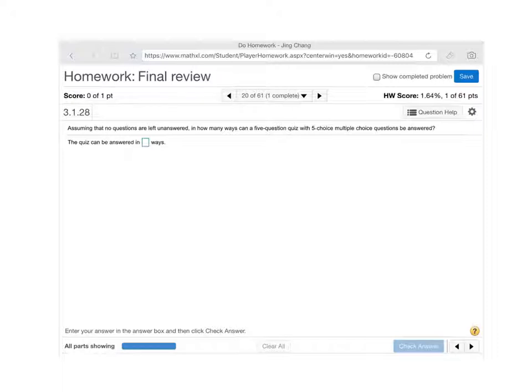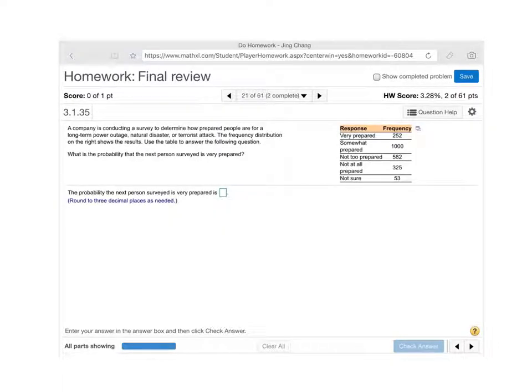Okay, this probability is based on a survey result. So it's actually just the relative frequency. To find the probability that the next person surveyed is very prepared, it's equal to the number of people who are very prepared, which is 252, divided by the total number of people surveyed. So you have to figure out how many people total, just add all together.